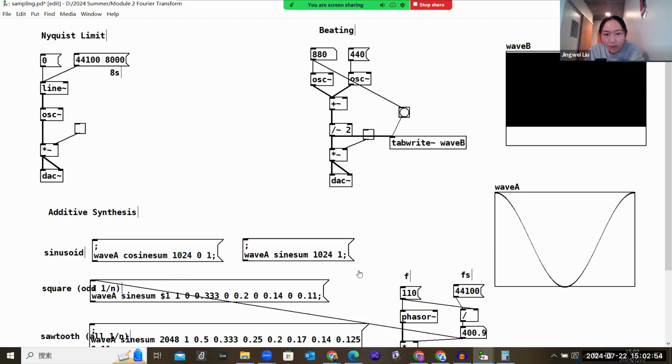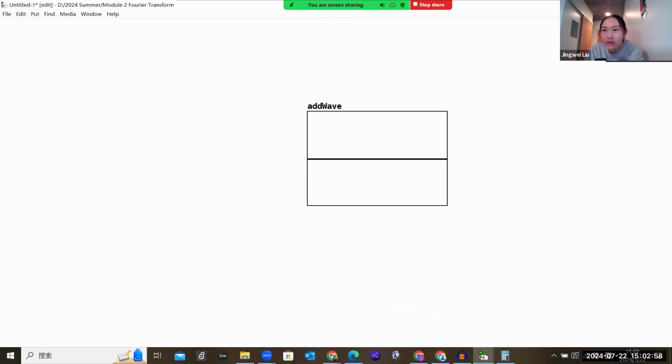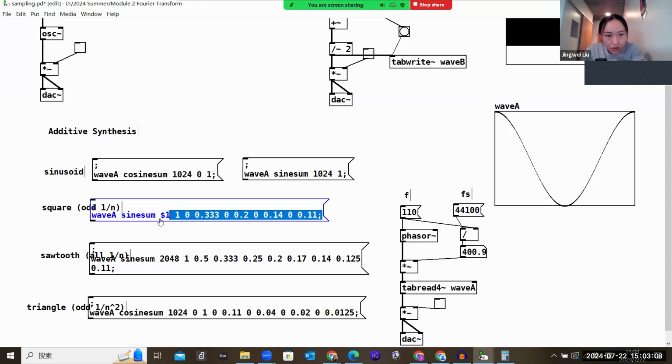So, okay, maybe I should. Okay, I'm not going to live coding now. It takes too much time. I mean, I want to show you some ideas here. Let me delete this first and change it to, okay.